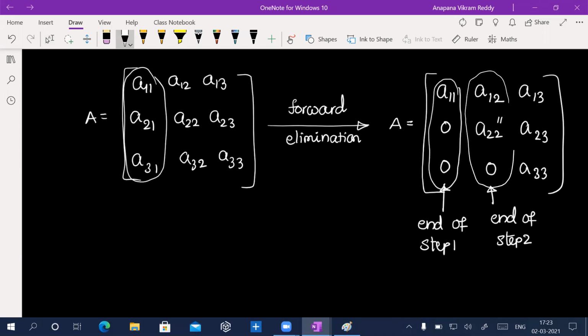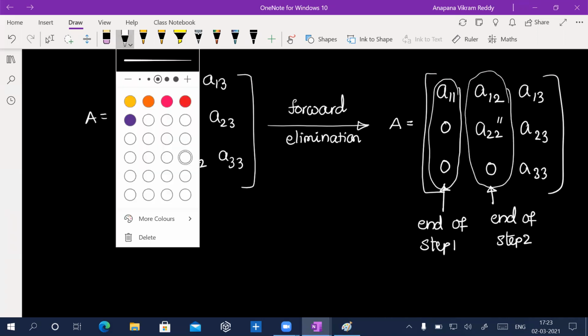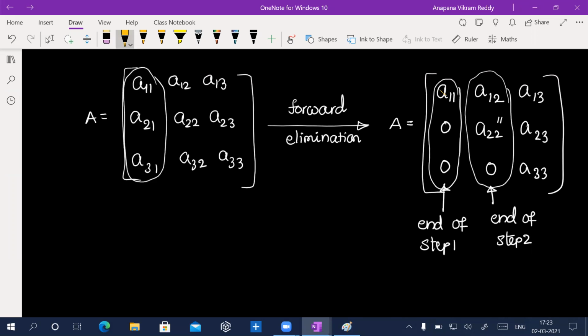Now, do you have an upper triangular matrix here? Yes, you are seeing an upper triangular matrix, because below the principal diagonal A11, A22 double prime, A33 double prime, you have 3 zeros sitting all the way like this. So this is how we do it.